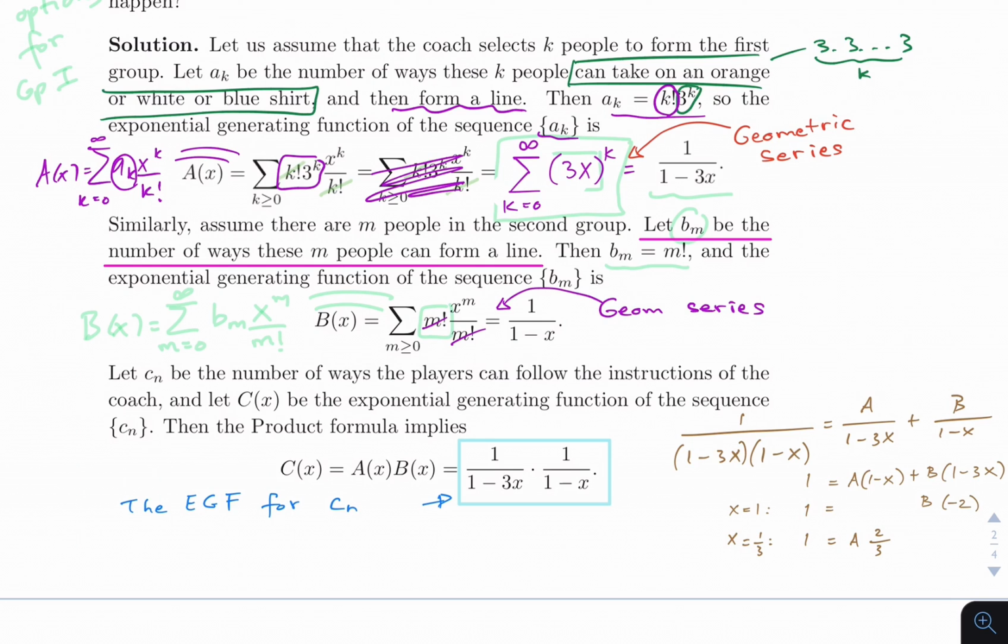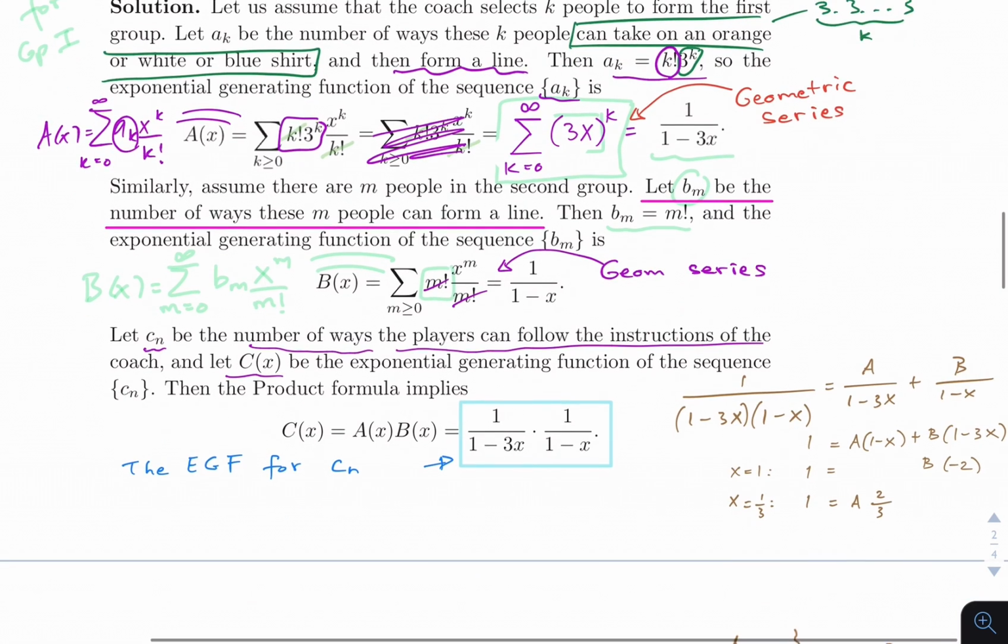Okay, so now let c sub n be what we actually want. Let c sub n be the number of ways the players can follow the instruction of the coach. And let capital C be the exponential generating function of the sequence c sub n.